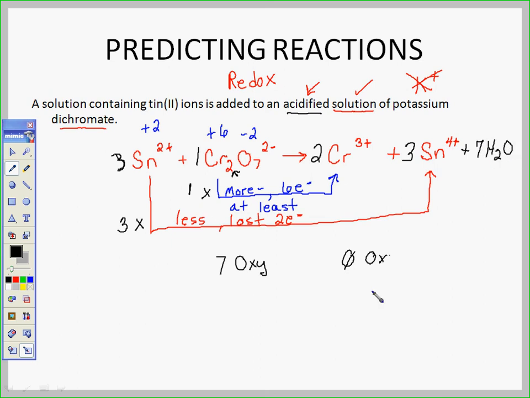And that now gives me 14 H's to worry about. Since there are 0 H's on this side, I have to balance those. And if there's an acid around, there's plenty of H+ to go around. So that would yield my final reaction. It's already the net ionic reaction, and so that's all I need to do. It's complete.